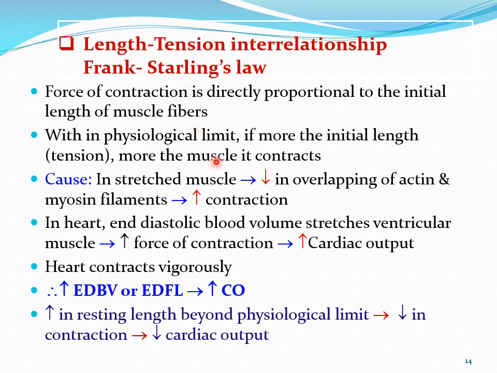Within physiological limit, if the initial length of muscle is more, then the muscle contracts more vigorously. In simple words, if you stretch the muscle, if you increase the length of the muscle a little, the muscle will contract more. That is Frank-Starling's law. And apply this law here in the heart.